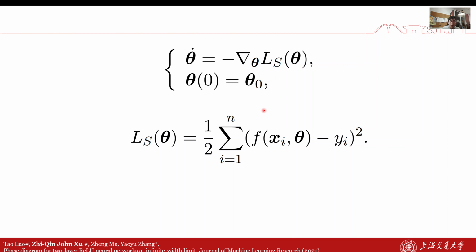For the neural network, we consider the loss function in this mean squared error form, and consider the gradient flow, that is the gradient descent with the limit of small learning rate. And the initialization is theta 0, and that is the key for our study.